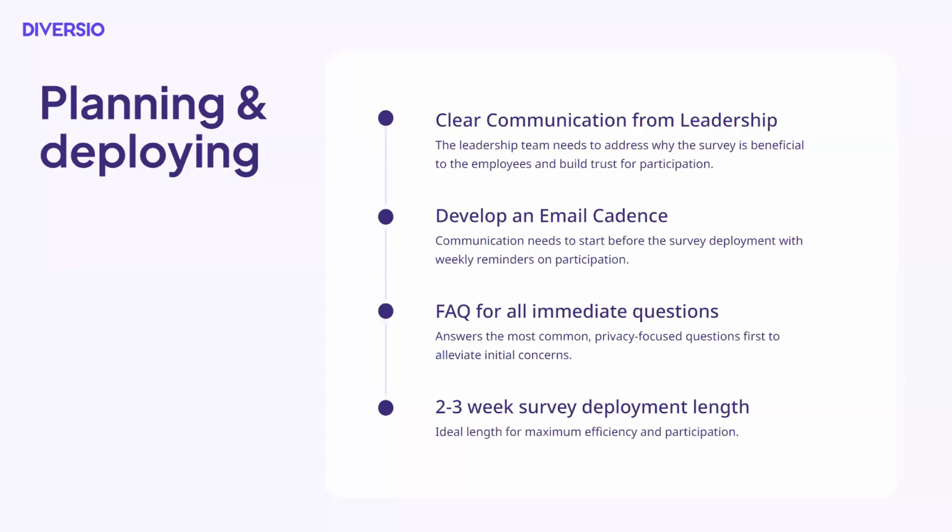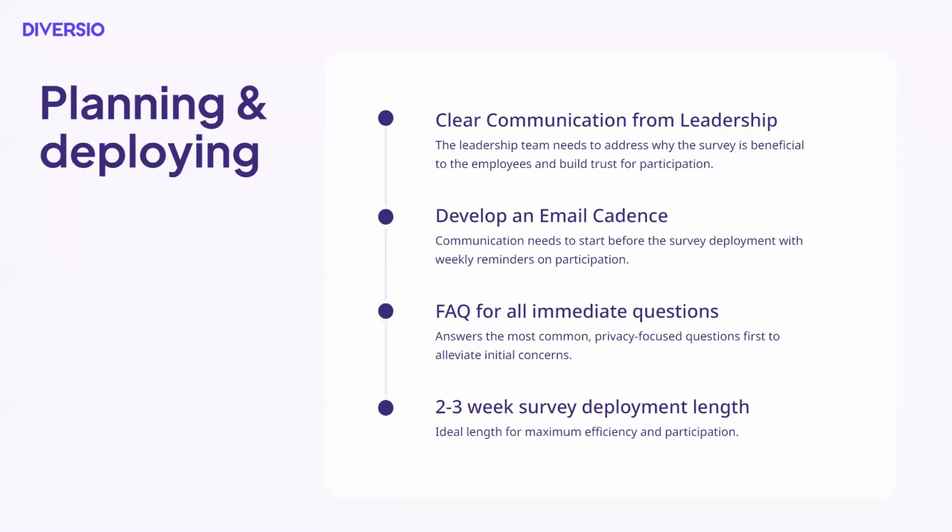When the communication starts, the leadership team should reach out to all the employees, and they need to build trust. The communication needs to explain why this assessment is happening, the importance of DEI, as well as privacy-focused communication and the actionable results that can be promised from the survey results.